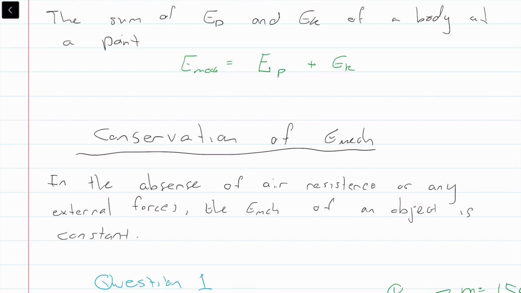Basically, if there's no air resistance or external forces such as friction, then the Emech of the system remains the same across its motion.